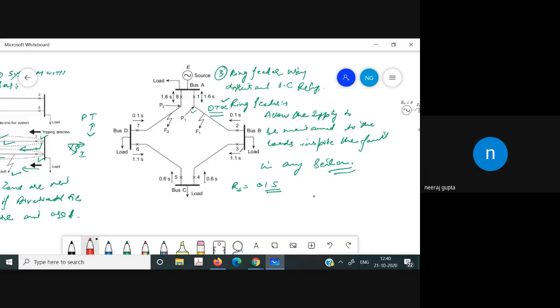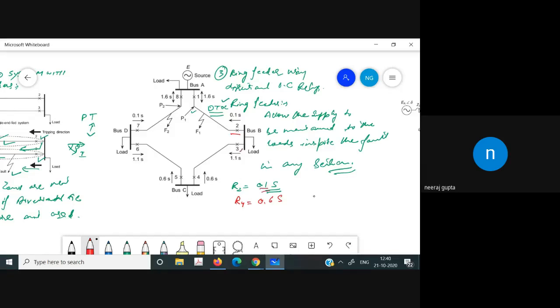Now, R2 is equal to 0.1 second, and let us suppose that for the relay R4, the operating time can be set at 0.6 seconds. So R4 is equal to 0.6 second. How is the 0.6 second coming?